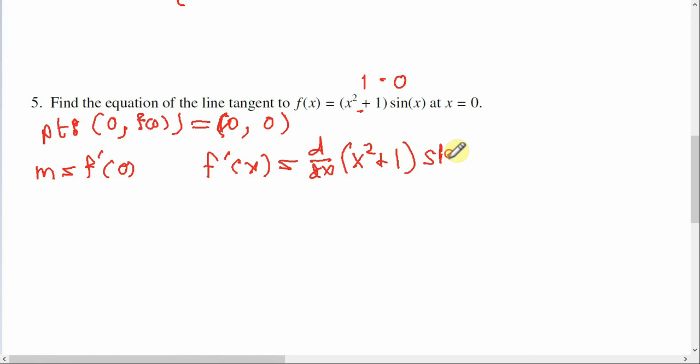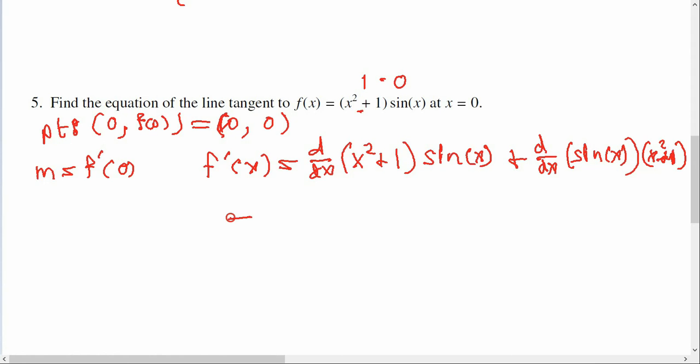So the derivative of the first times the second, plus the derivative of the second, which is the derivative of sine, times the first, times the x squared plus 1.